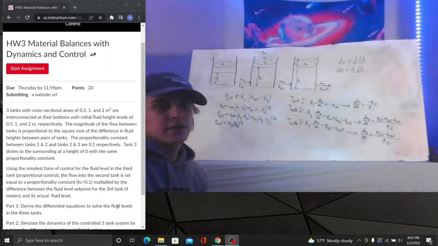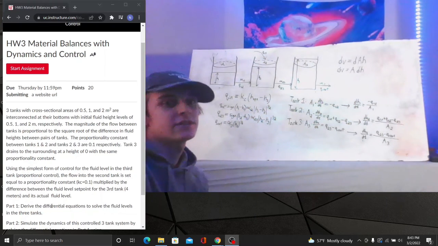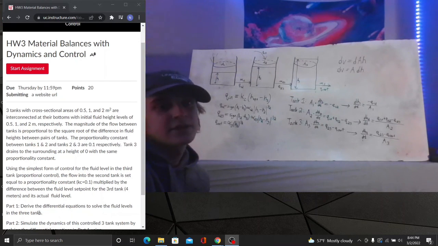So those are our derived differential equations that are going to help us solve for fluid levels in the 3 tanks.